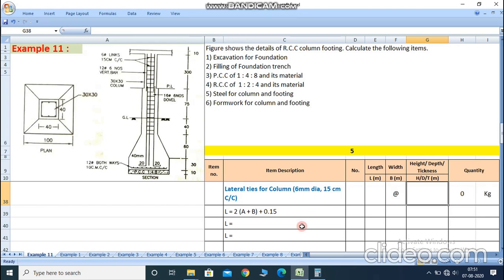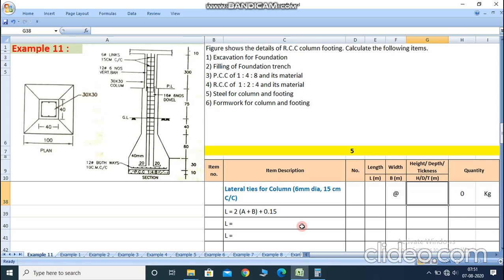Now next we start with lateral ties. So to calculate the lateral ties, first we find out the number of lateral ties required.